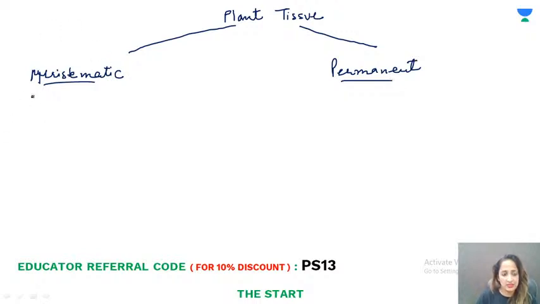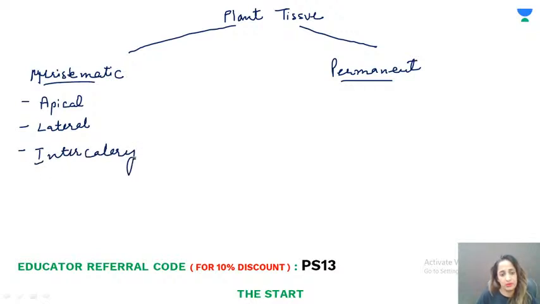So under meristematic you have apical meristem, you have lateral meristem, and you have intercalary meristem.